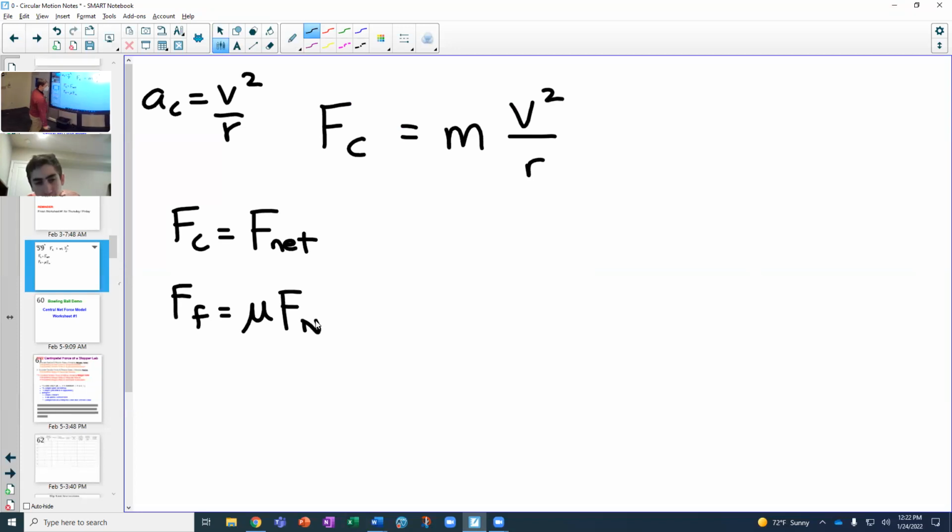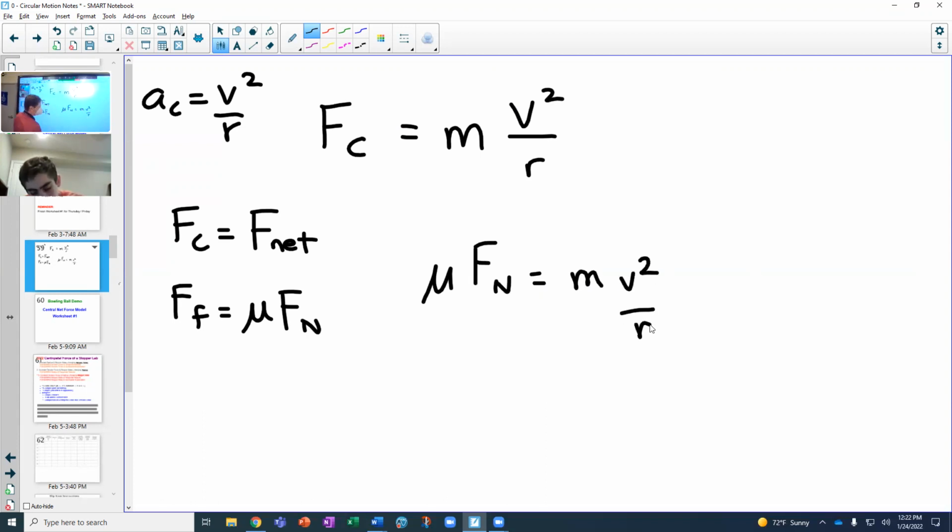I couldn't hear. Normal force. Normal force, good. All right, so the friction force is mu times the normal force. So if in the car turning the corner that friction force is the centripetal force, now I can take this equation, mu Fn, and set it equal to centripetal force, m v squared over r.